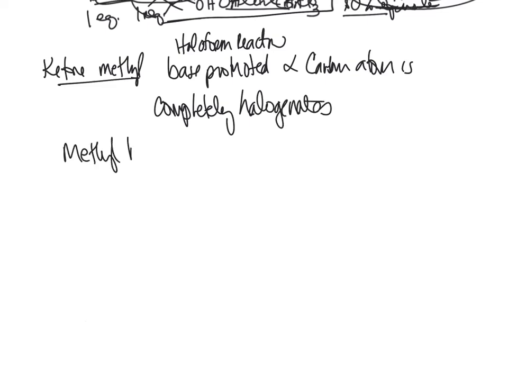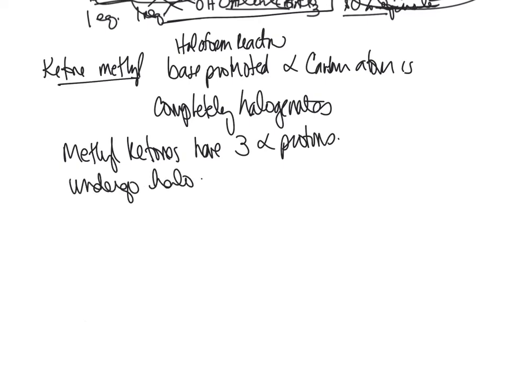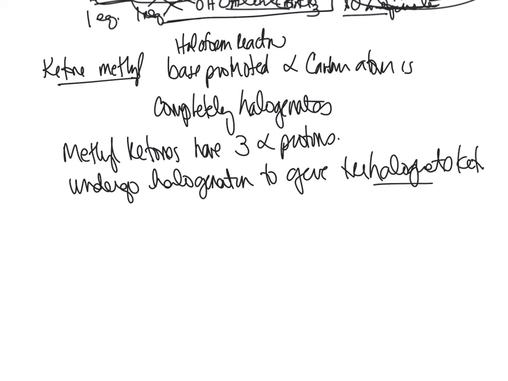Methyl ketones have 3 alpha protons. They undergo halogenation to give trihalogenated ketones.